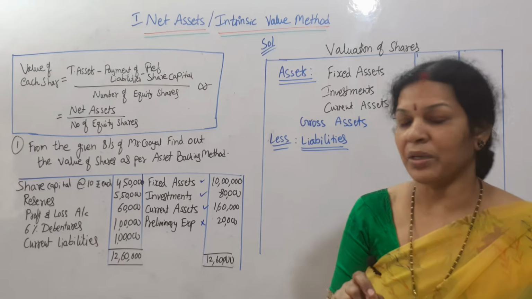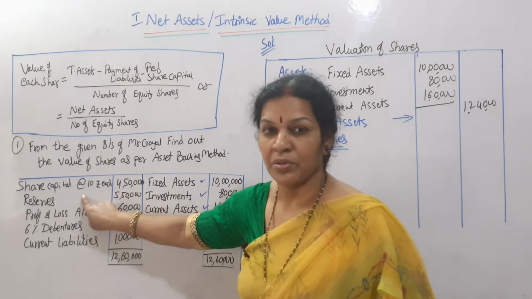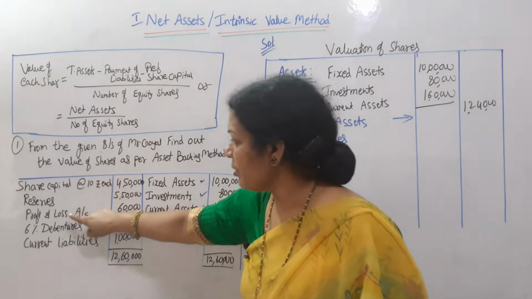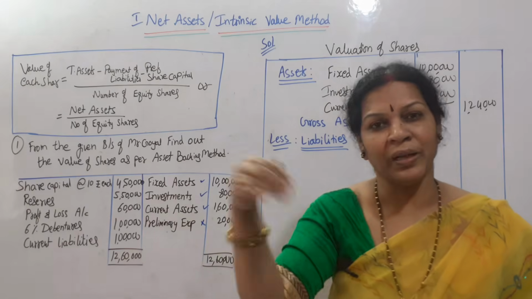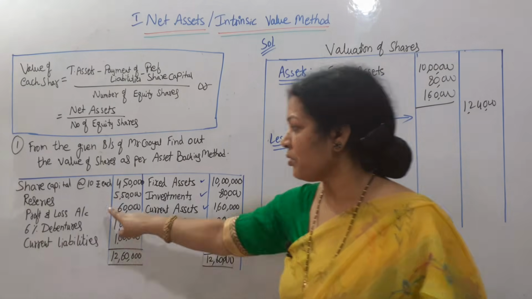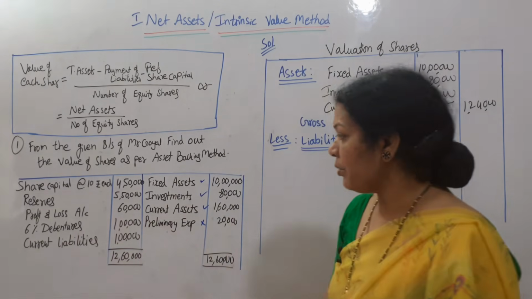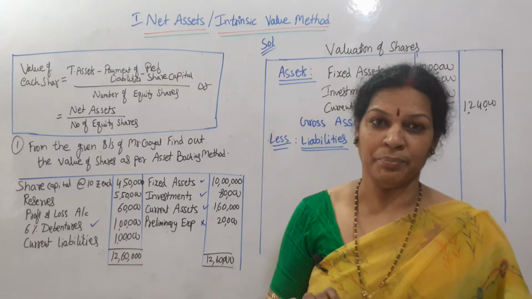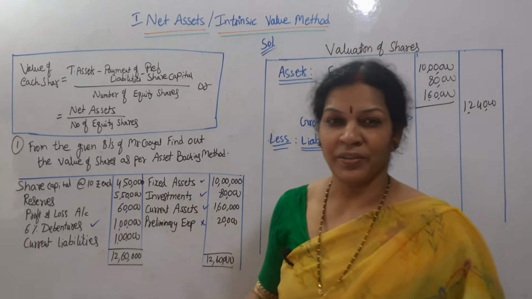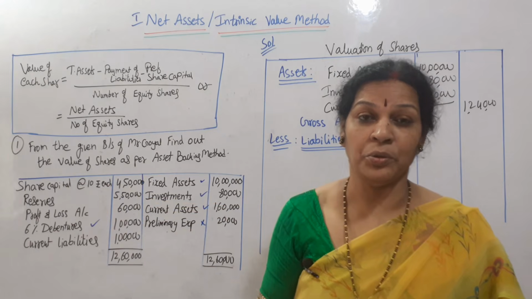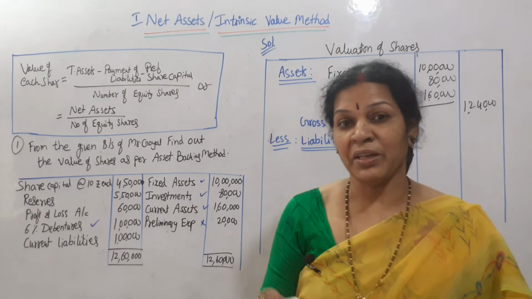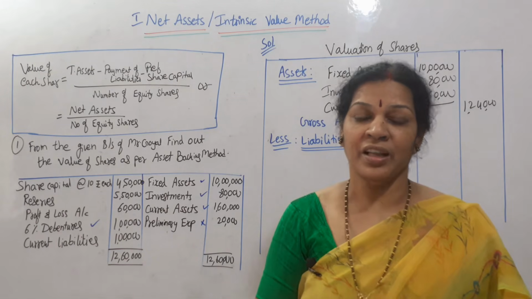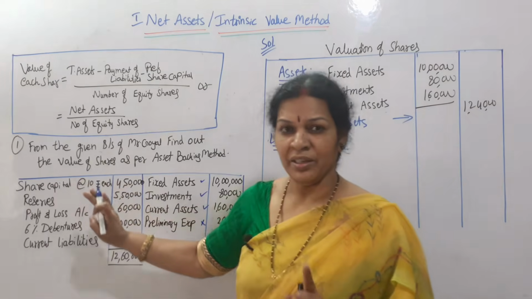Even the reserves are not a liability. The profit and loss account is also profit of last years, right? So this is also not a liability. Now, we are going to take 6% debentures. This is exactly the liability of the company. Shares, in fact, are an investment, but though it's an investment, we show it on the liability side. From the company point of view, it is a liability. That is why we show it, but anyway, it is not a liability.